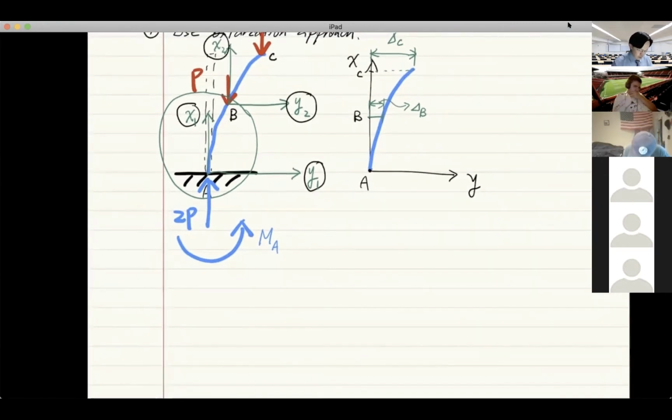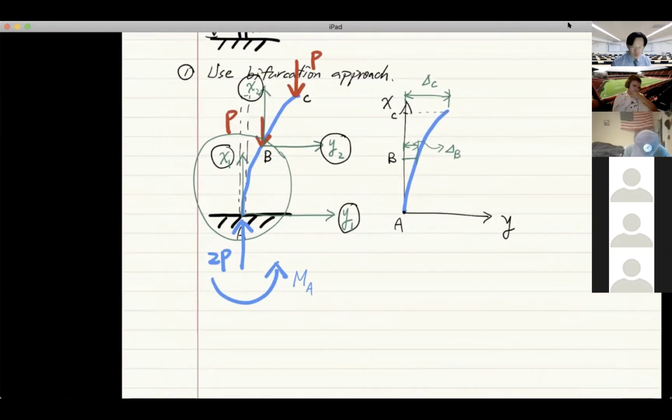Now, if you know the distances at the locations where these two forces are applied, we also know the value of the reaction at A, right?